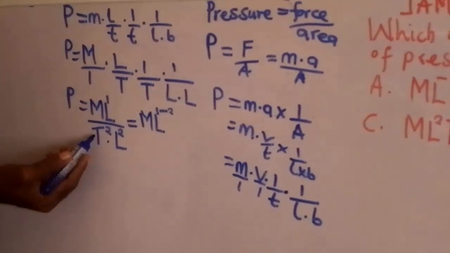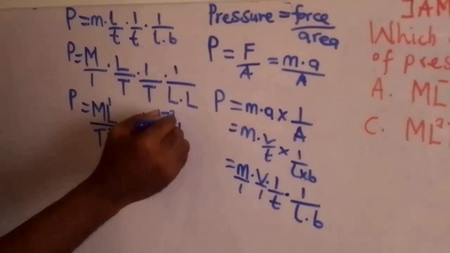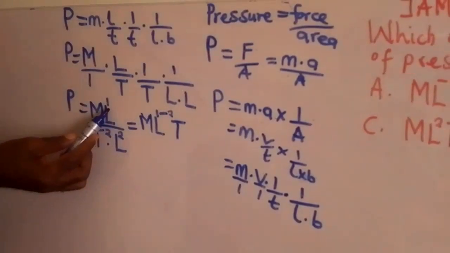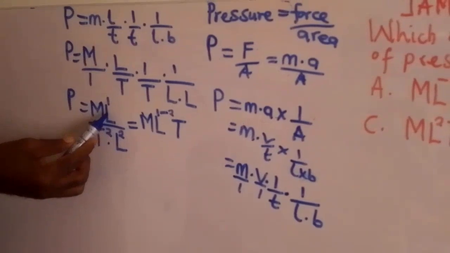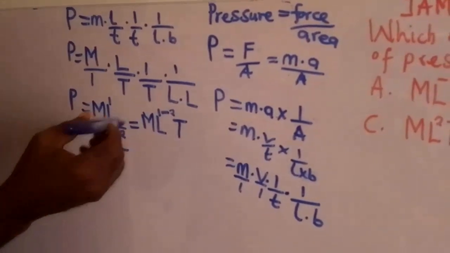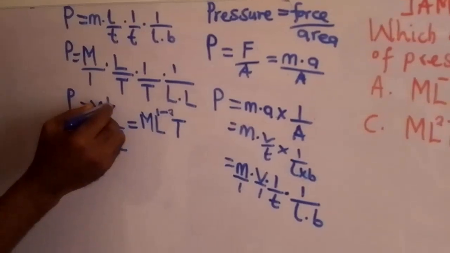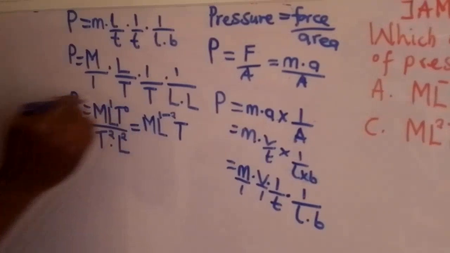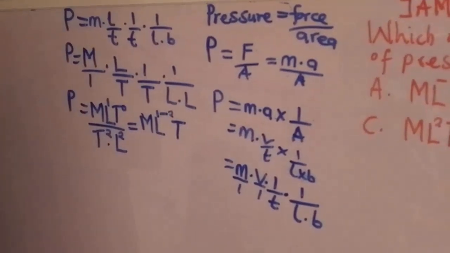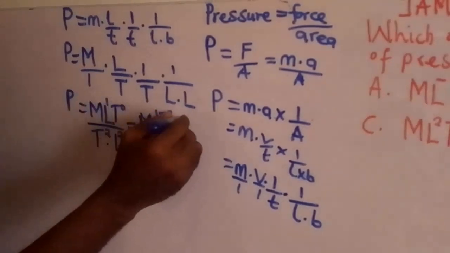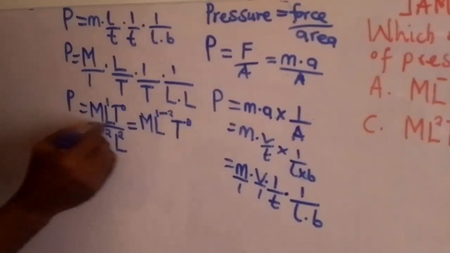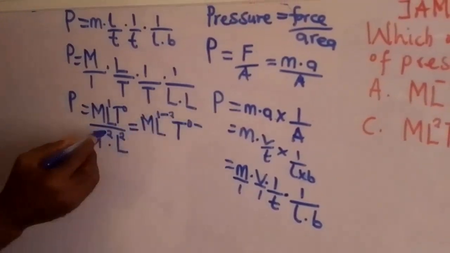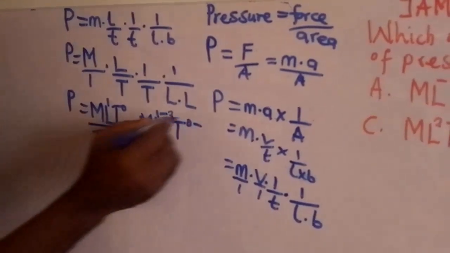Then there's another letter here, T. It doesn't appear on the numerator. That means it is T raised to power 0. Let me just put it for sake of clarity, but it's not supposed to be there. You understand. It means T raised to power 0. Division means minus. What's the power of T in the denominator?